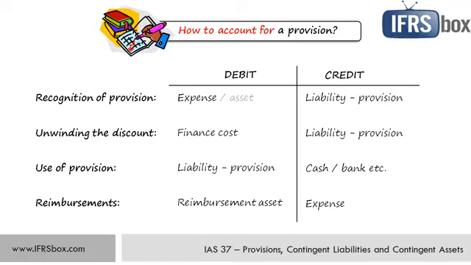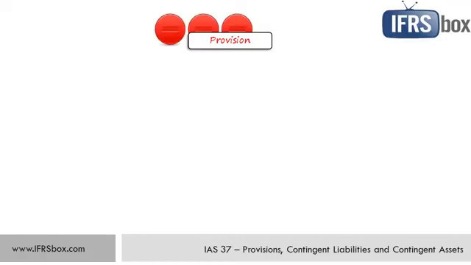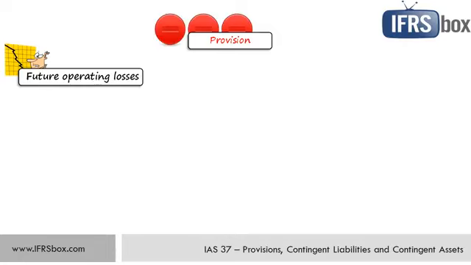There are certain specific situations directly addressed by IAS 37 in relation to provisions. The first one is future operating losses. Future operating losses just don't meet the definition of a liability because there is no past event, okay? And moreover, you can avoid future operating losses by implementing some measures to prevent them, or by selling a part of operations making a loss, or some other actions.